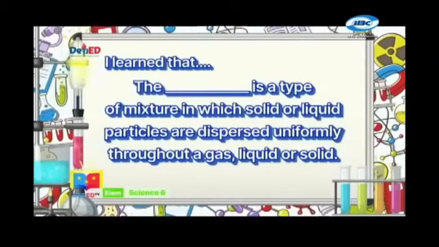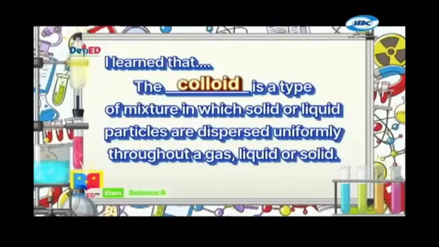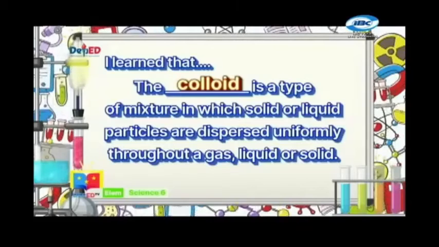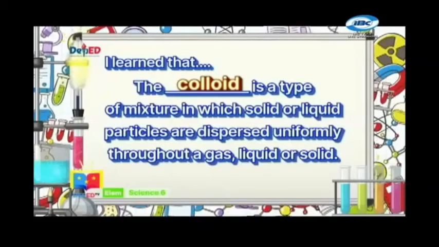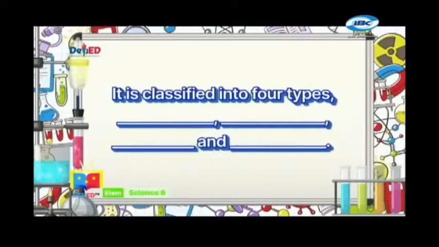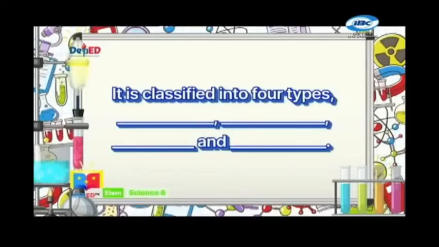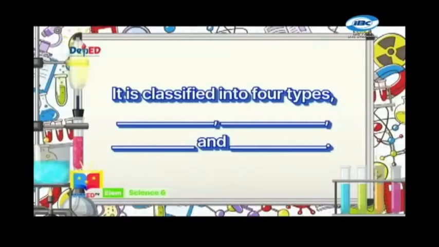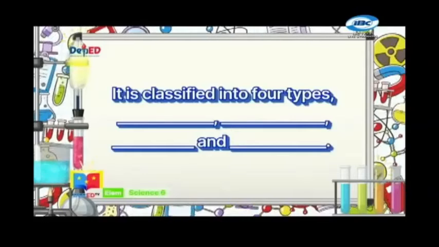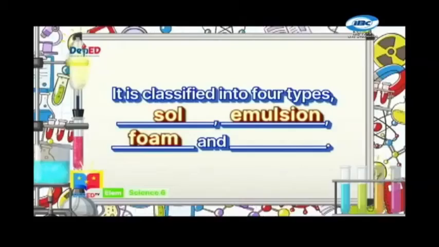The correct answer is: the colloid is a type of mixture in which solid or liquid particles are dispersed uniformly throughout a gas, liquid, or solid. It is classified into 4 types: blank, blank, blank, and blank. Great! It is classified into 4 types: sol, emulsion, foam, and aerosol.